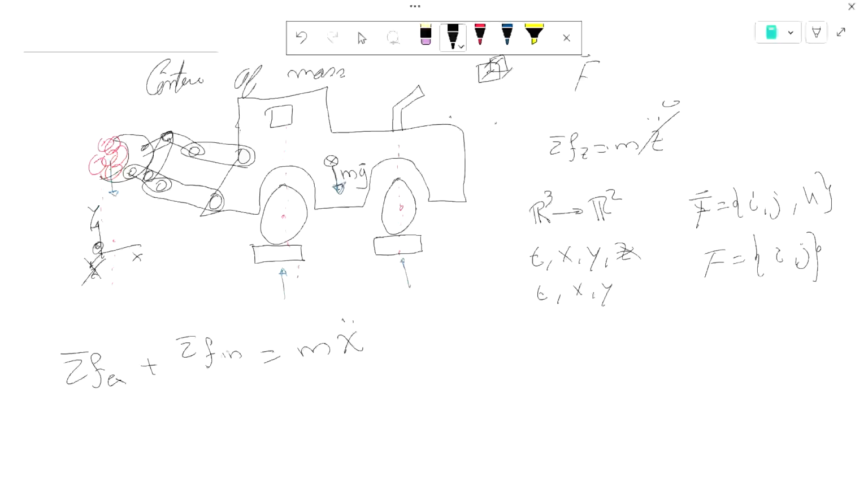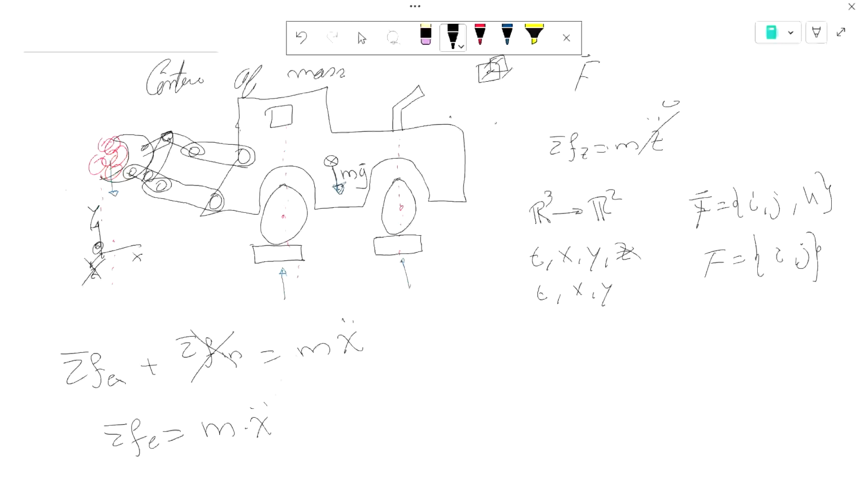So internal forces, again, right now we're not studying the stress or the deformation of the structure, which you'll do later if you go for mechanical engineering or civil engineering, or even aeronautics, aerospace. But those things are not going to be studied right now. So we're going to only look at the forces outside the body. This is because of gravity. This is an external force. So summation of external forces equals mass times acceleration.